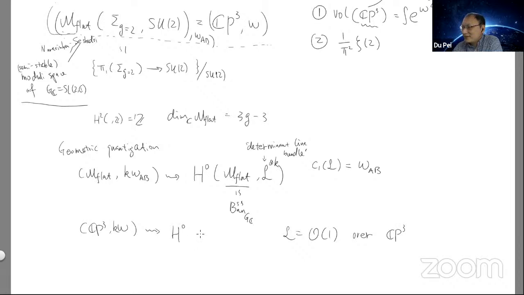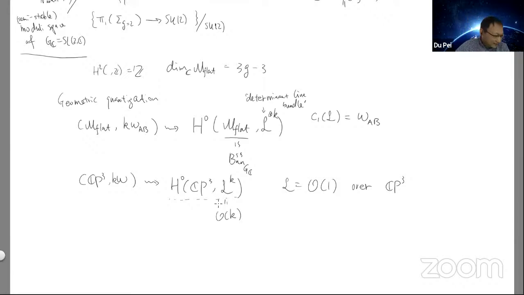So the Hilbert space of Chern-Simons theory on this genus 2 Riemann surface will simply be given by the space of holomorphic sections of O(k) on CP3. And I'm sure that most of you in the audience would immediately know how to find the dimension of this space.